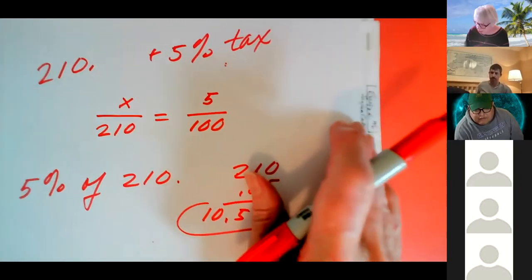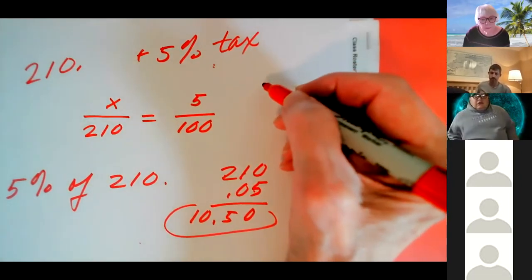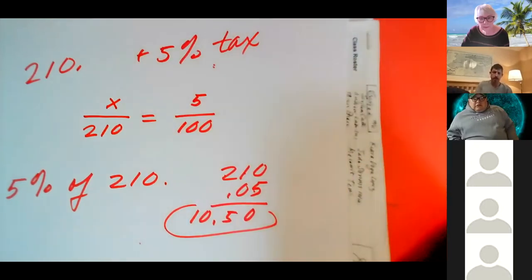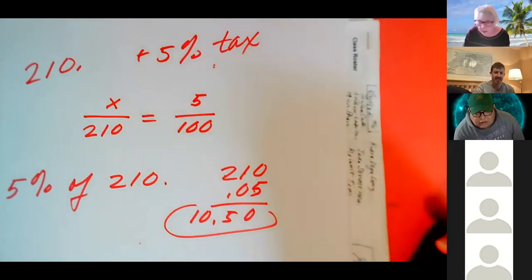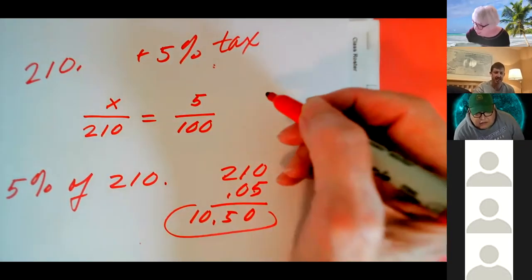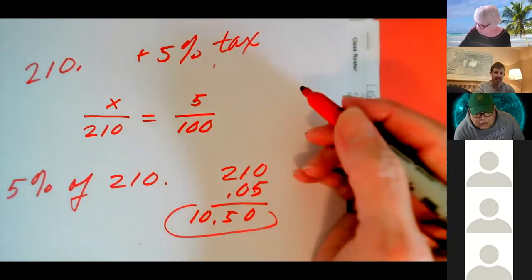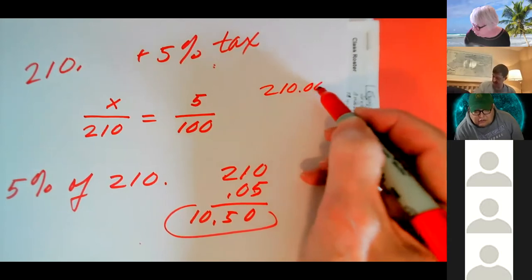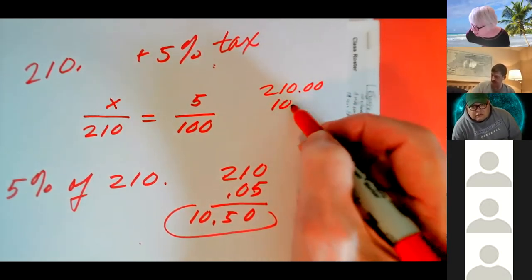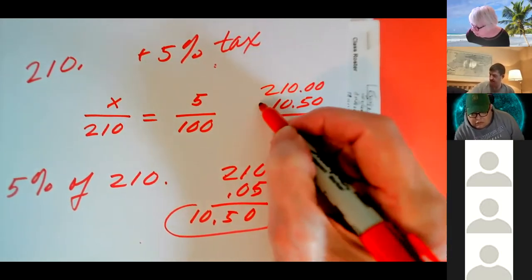So with what is your answer? You add it. Add what to what? 10.50 to 210, exactly. 210 to 10.50. There's your tax.